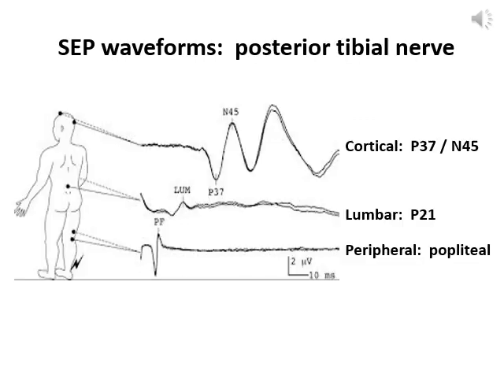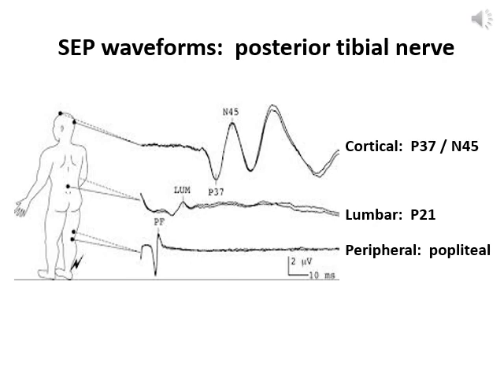The obligate waveforms for the posterior tibial nerve SEP consist of several cortical responses in channel 1, typically a P37, N45. The P37 is named this because it's typically around 37 milliseconds after stimulus onset, and it's a positive response.